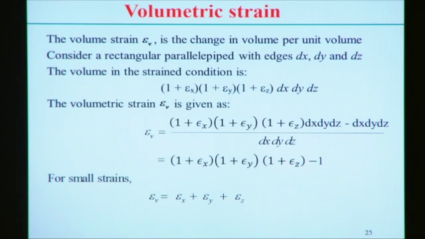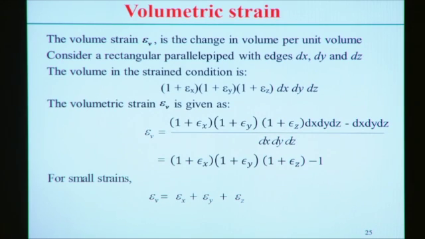If we consider the engineering strain, it is the final length minus the initial length, divided by the original length. Here I am talking about one specific direction. That measures the engineering strain.